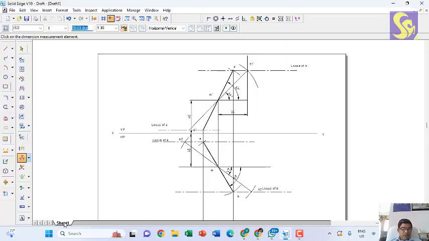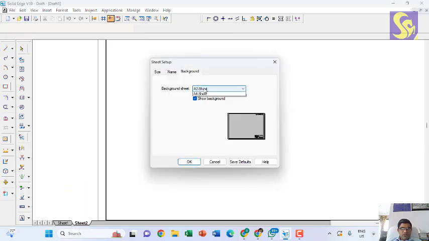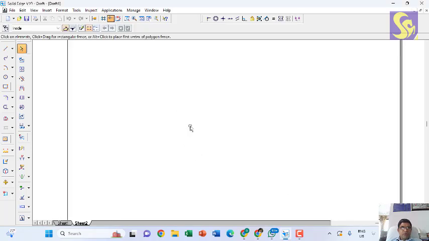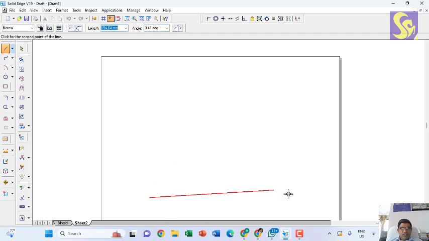So we can start drawing that. I'll insert a new sheet, do the sheet setup. As usual, we'll have to draw the axis. Before that, I can have a reference line. This is my reference line which I am going to lock.